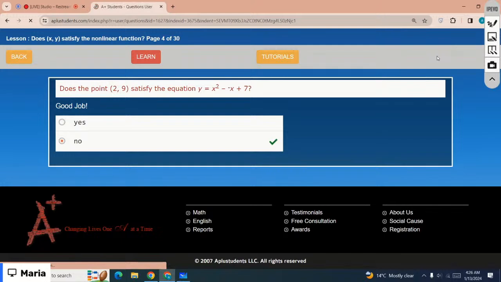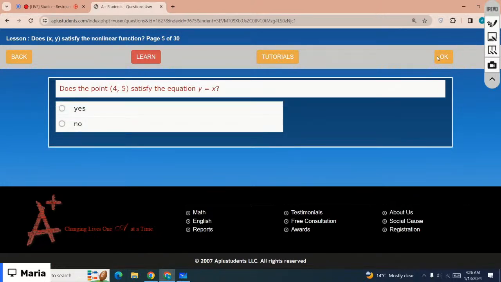Very good. Okay, the next one is, does the point 4 5 satisfy the equation? The equation is y equals x. Which is the correct option?